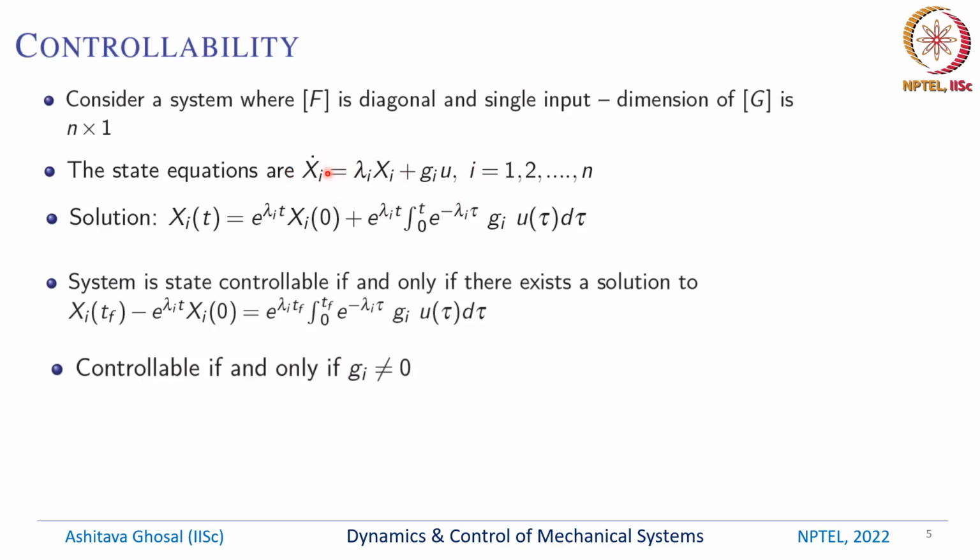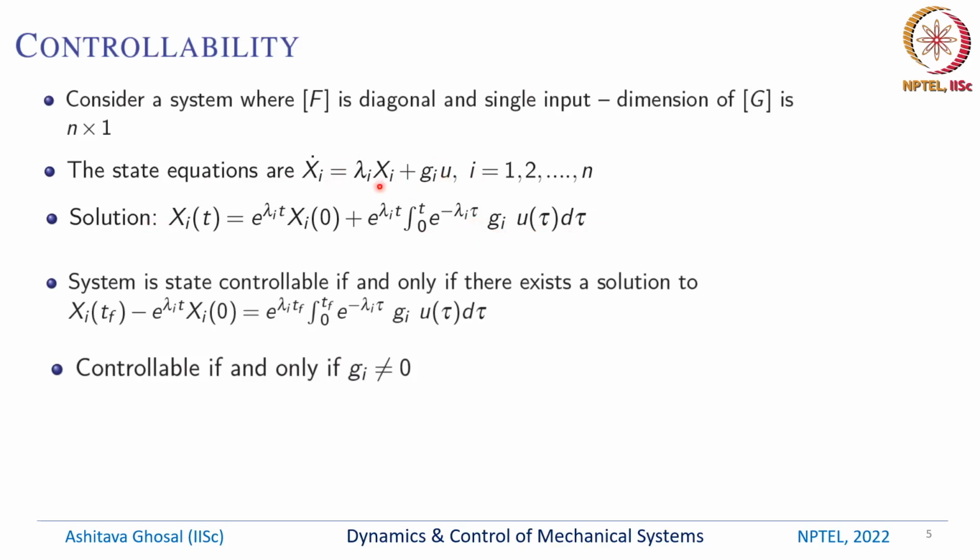So the solution of this equation is xi of t is e to the power lambda i t xi 0 plus e to the power lambda i t integral 0 to t e to the power minus lambda i tau gi u of tau d tau. So we have seen this.